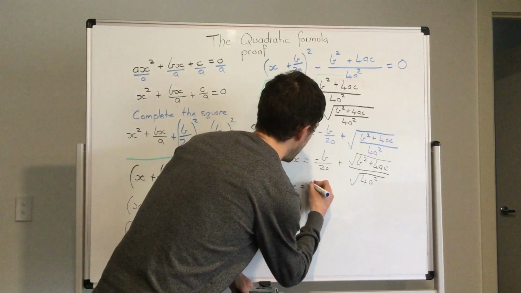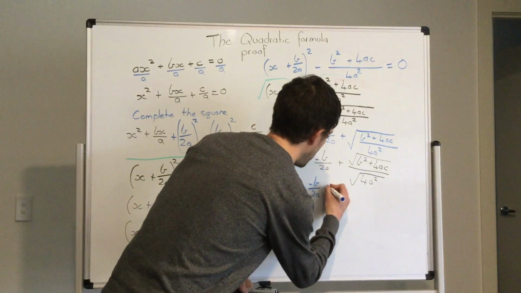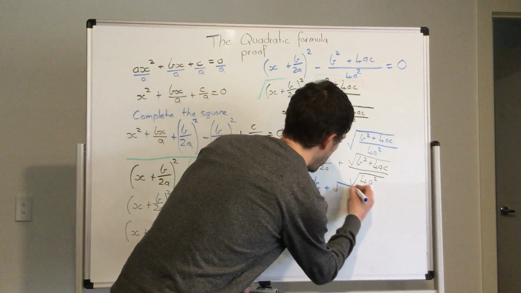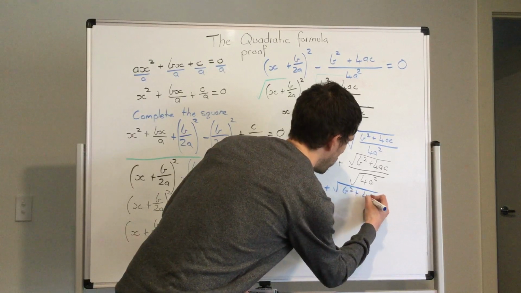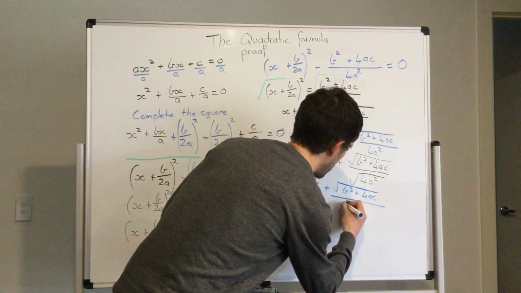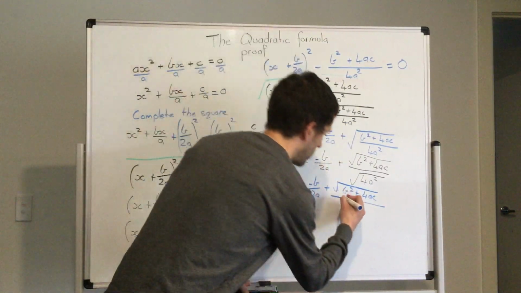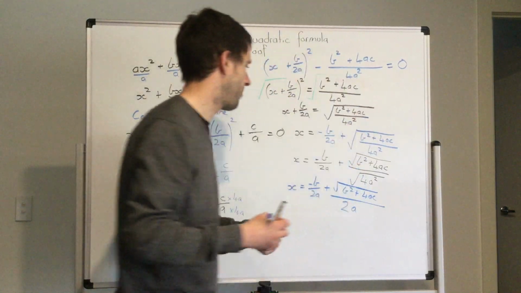x equals negative b over 2a plus the square root of b squared plus 4ac divided by square root of 4 is 2. Square root of a squared is a.